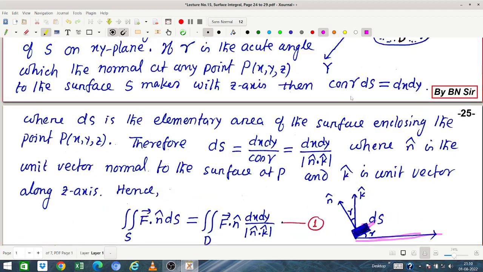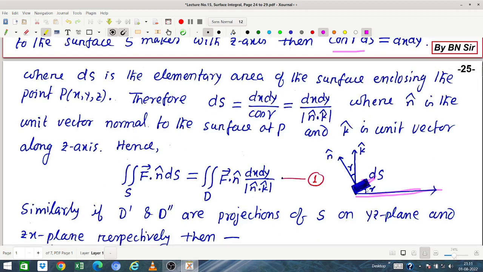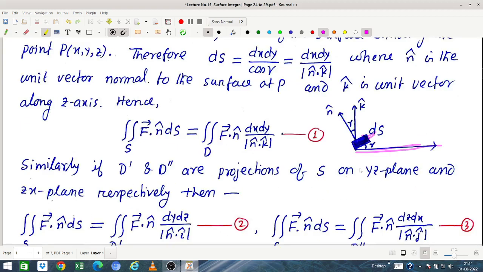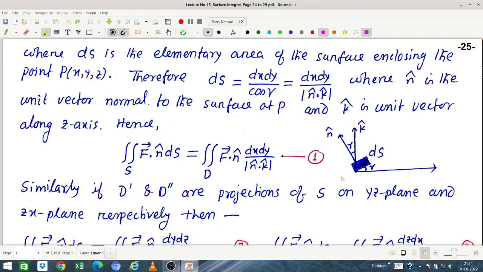That's why cos gamma dS is dx dy, because dS is oblique, but when we project it on the xy plane, we get a plane area, an elementary plane area, and the elementary plane area on the xy plane is always, we know, length into breadth, dx dy. That's why cos gamma dS is dx dy, the projection of dS on the xy plane.